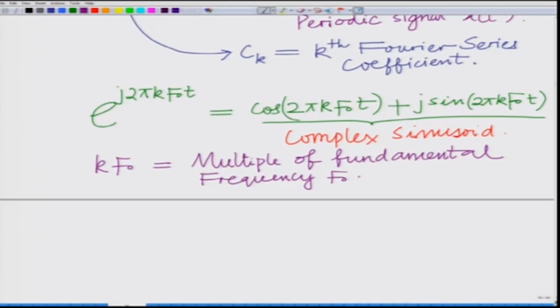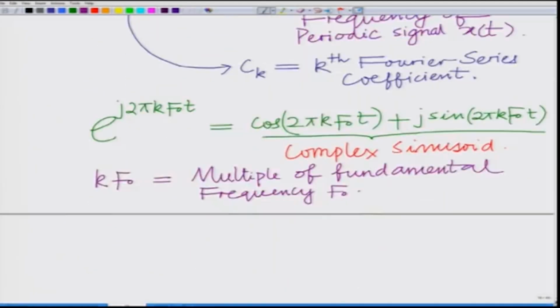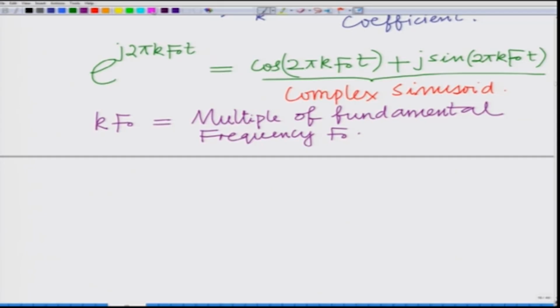And this sinusoid at k f naught, that is e to the power of j 2 pi k f naught t, correct.